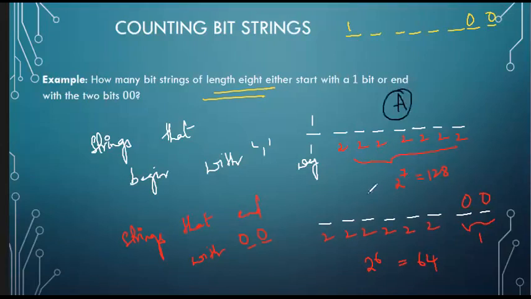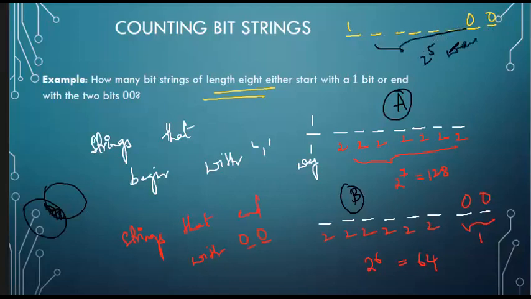If this is A and this is B, then there are a few common cases. If you remember our sets diagram, a few common cases lie in this part. Both of them are being included twice. So we have to remove the cases where the string starts with 1 and ends with 2 zeros, which are being included twice. We can do this part in 2 power 5 ways.